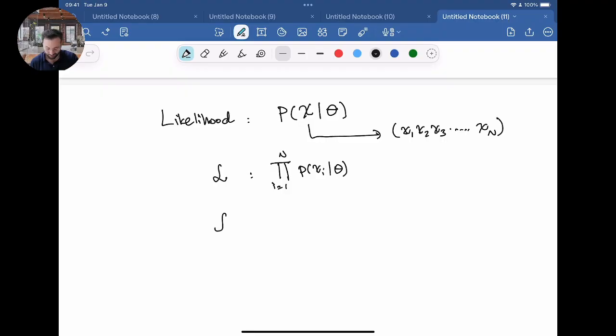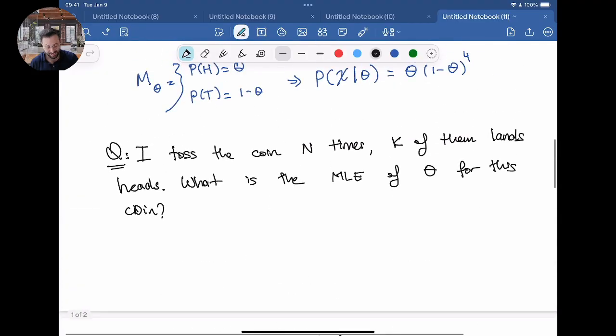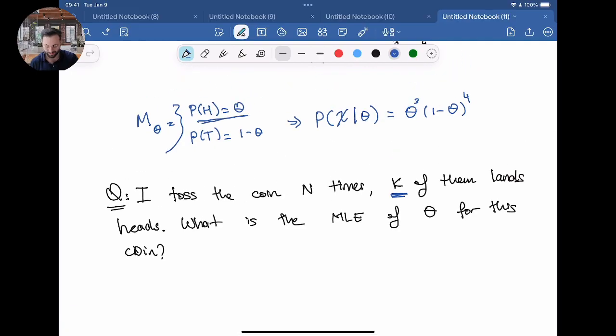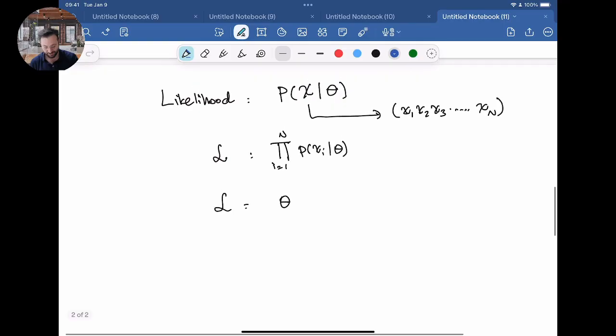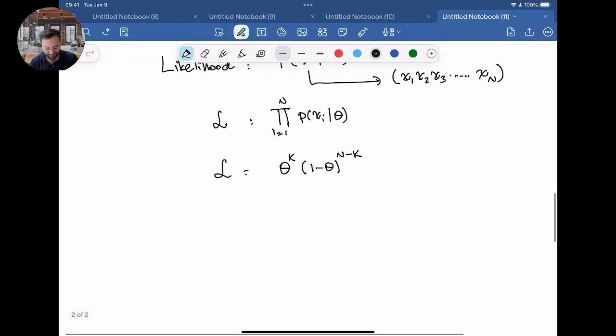It is theta to the k, since k of them were heads and the probability of head was theta, and for the others, which happened with probability 1 minus theta, it should be to the n minus k. So that's my likelihood.